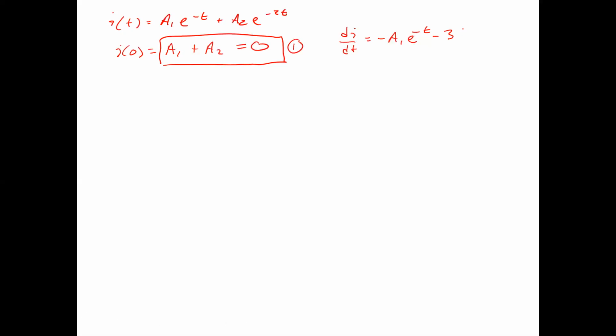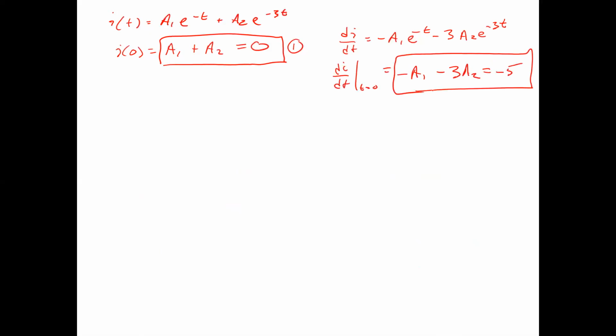So di/dt is minus a1 e to the minus t minus 3 a2 e to the minus 3t. And therefore di/dt at t equals 0 is going to equal minus a1 minus 3a2. And this has to equal -5, because that was what we derived for di/dt.